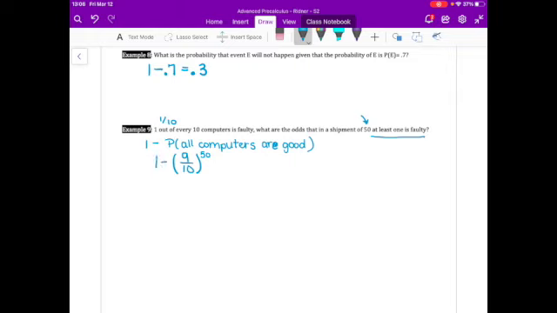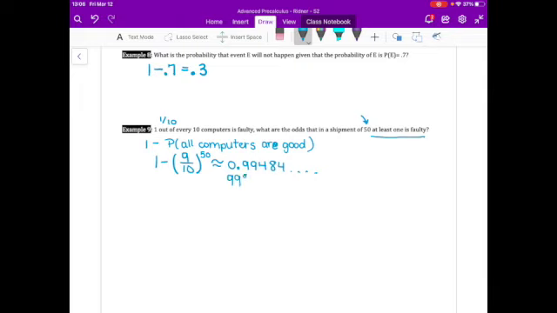So that's pretty large, and you will definitely need Desmos for that one. But what Desmos tells us when we type that in is that it is approximately 0.99484, blah, blah, blah. There's some others.